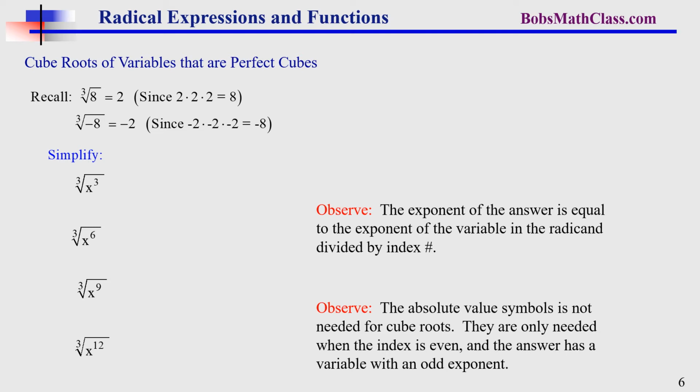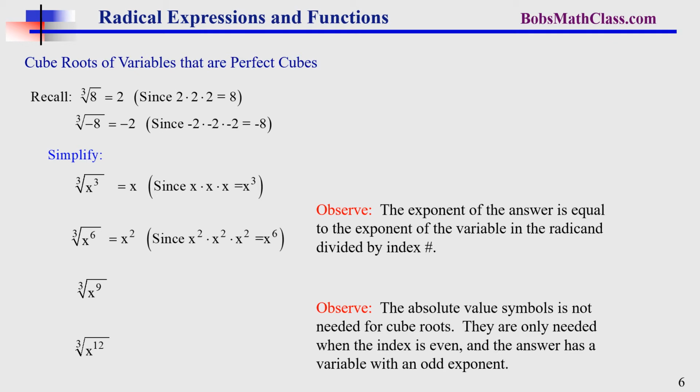So therefore, we will not need any absolute values to keep it positive. The first one would be x, because x times x times x is x to the third. The second one, what times itself 3 times is x to the 6? That would be x squared.